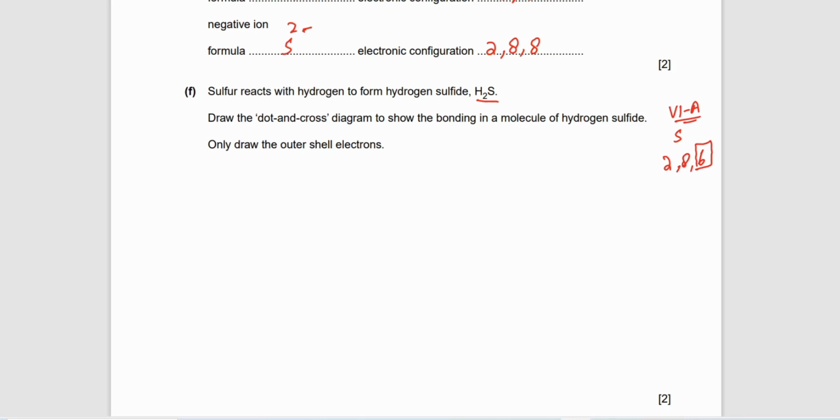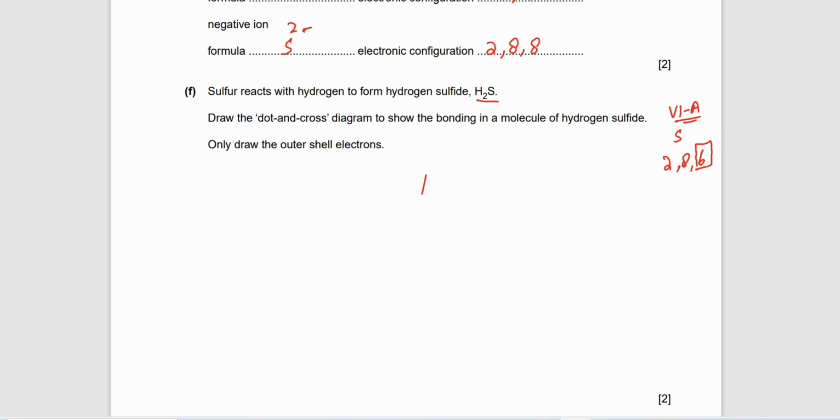Okay, and we can see that hydrogen belongs to the first group, so it has only one electron. So I'm going to draw their outer shells. Okay, sulfur is like this.